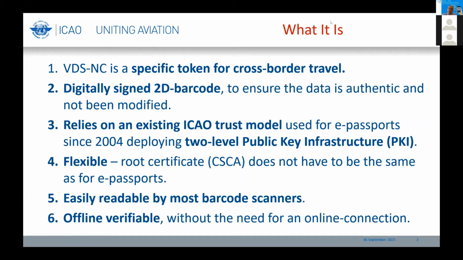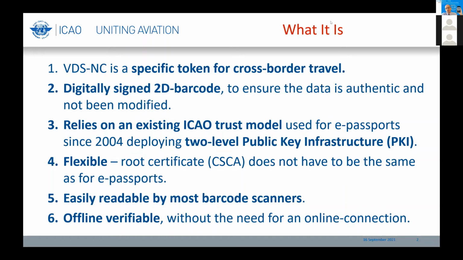And as I noted, it is a 2-level PKI infrastructure in which the barcode signer is contained on the token itself, the VDS. Now, really briefly, we call it the VDS-NC, the Visible Digital Seal for non-constrained environments. That's a long and technical title. That's not so important.